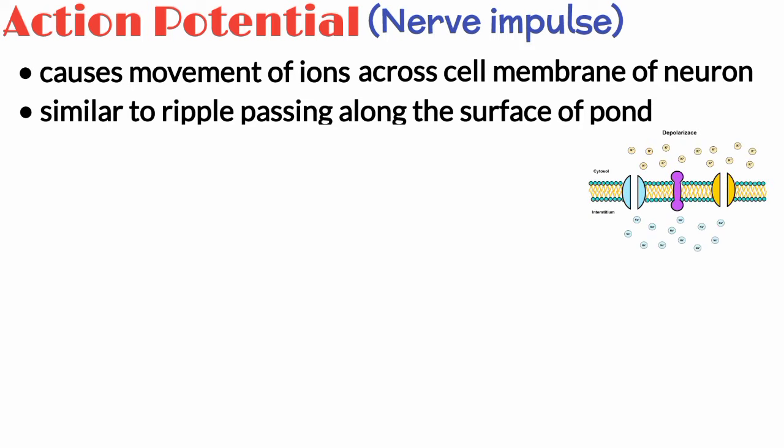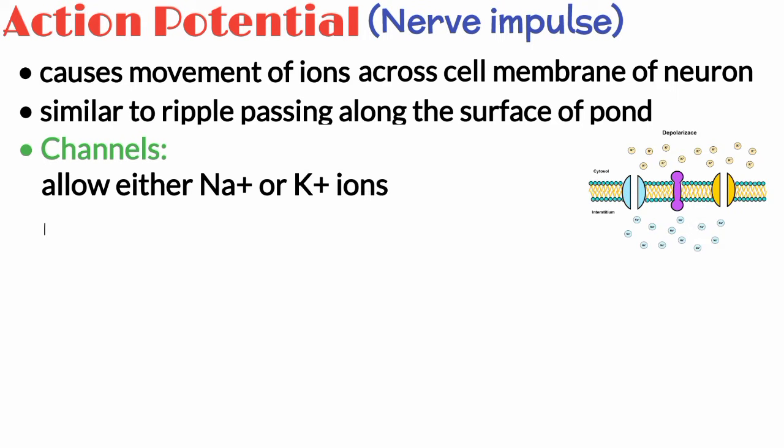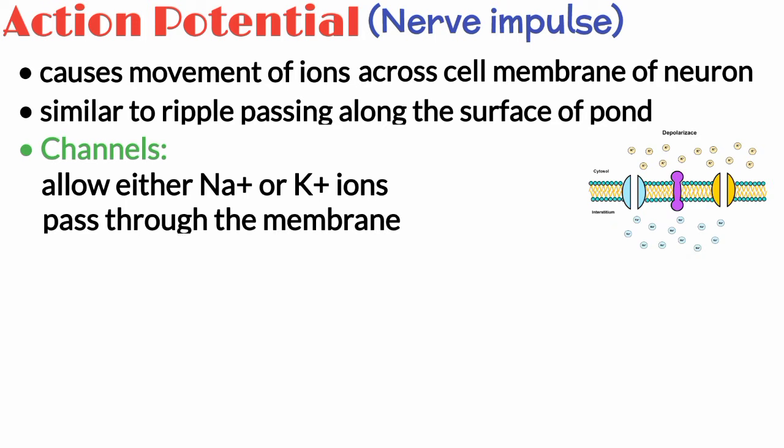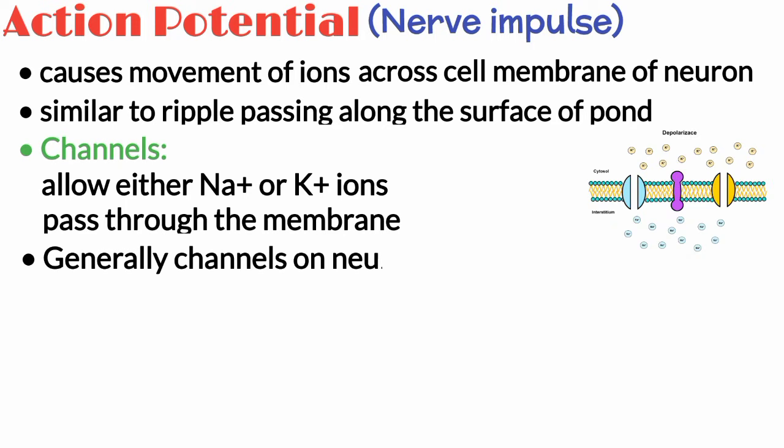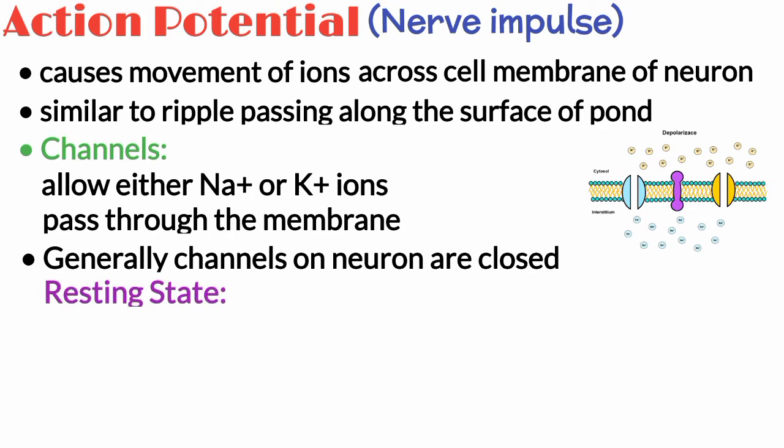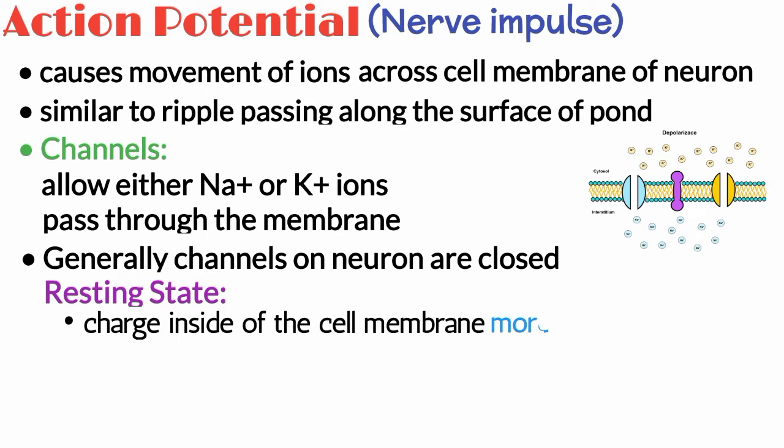The cell membrane of the neuron contains thousands of tiny molecules known as channels. These channels allow either sodium or potassium ions to pass through the membrane. Generally, the channels on the neuron are closed and the membrane is said to be in a resting state. In this state, the charge of the inside of the cell membrane is more negative than the outside.